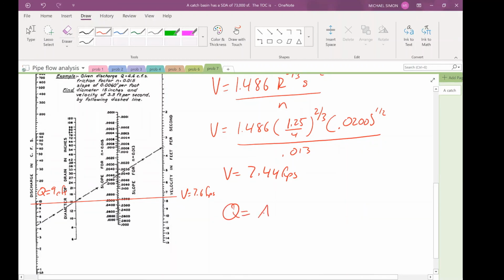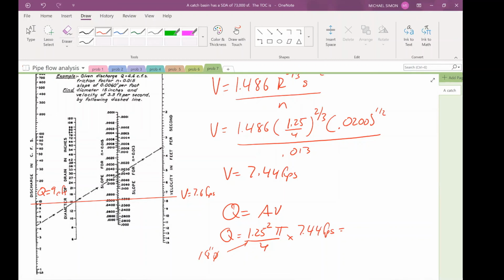Q would then use Q is equal to AV. So Q is equal to 1.25 squared pi over 4, and this is just our 15-inch diameter pipe as 12 inches times 7.44 feet per second.